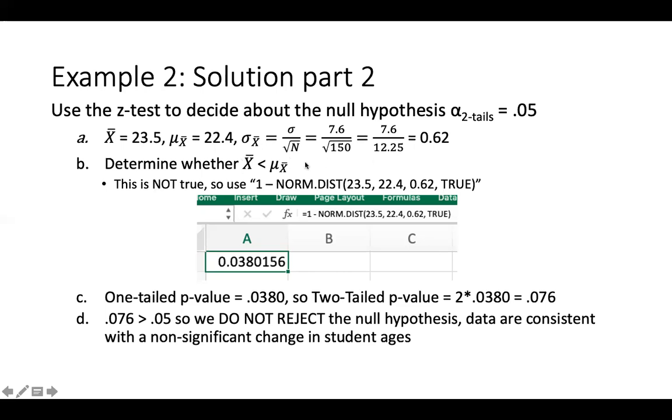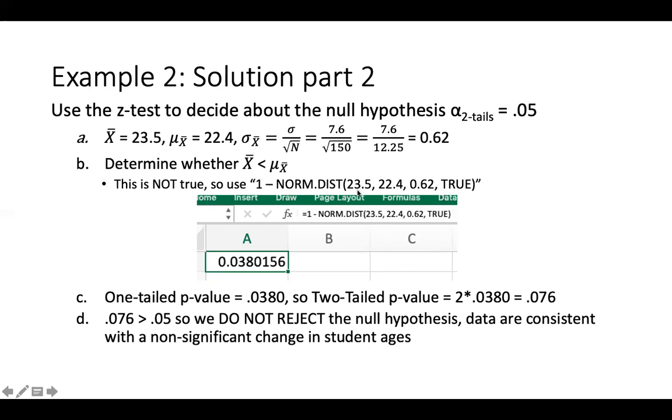Next step, to get our p-value, we want to use the correct command in Excel. So we check if our sample mean is greater than our population mean, and it is. So when it is, or if it's not true that the sample mean is less than mu, so it's not true that 23.5 is less than 22.4, then you would use that 1 minus NORM.DIST to get the area above, in the tail.